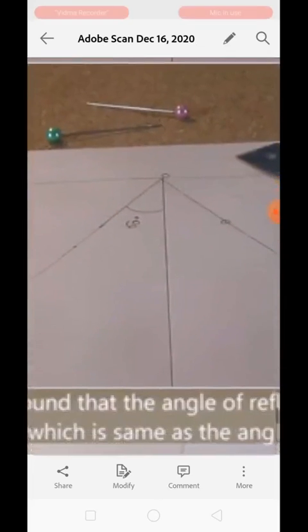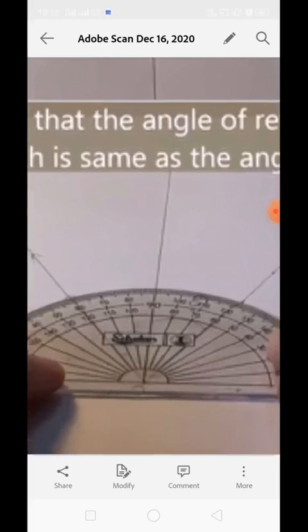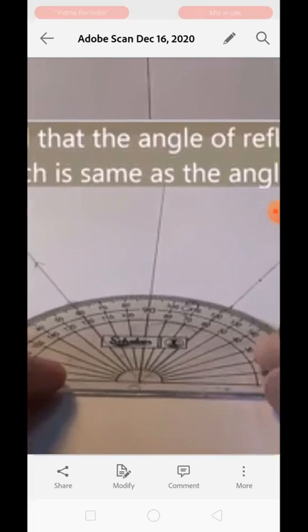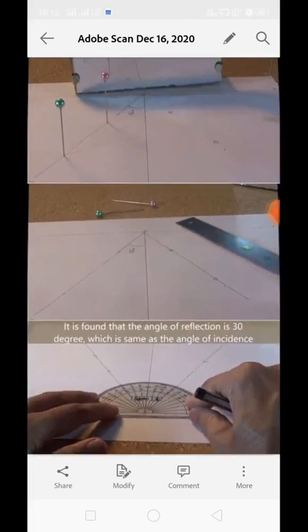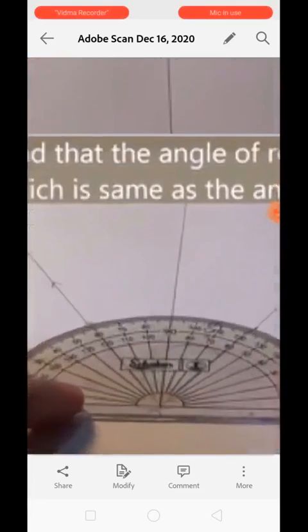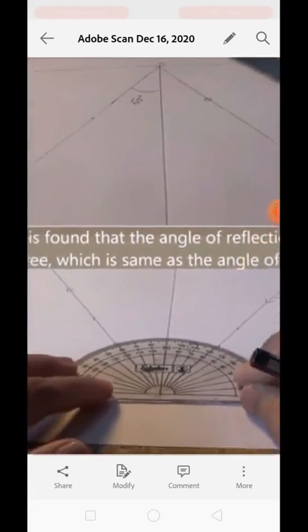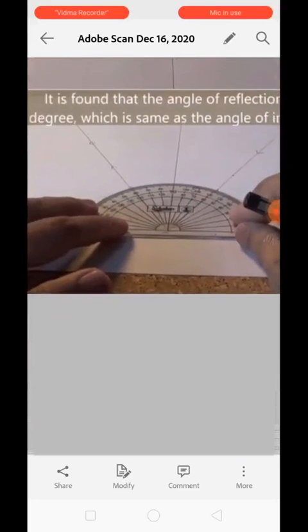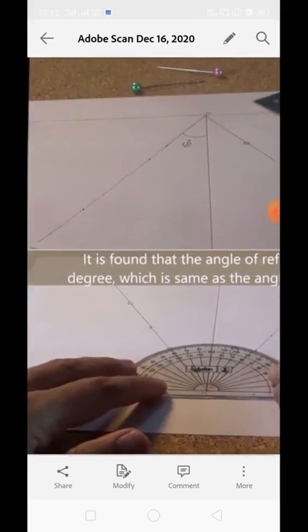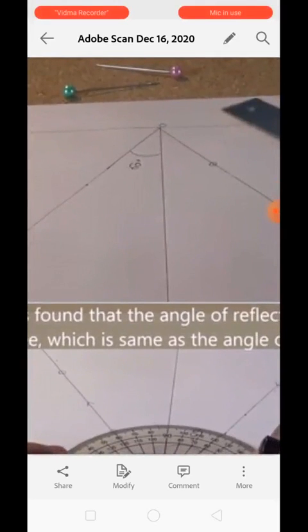Now we will measure this angle with the help of a protractor. You will be surprised to know that both angles are of the same degree. Firstly we had taken a 60-degree angle, and now you can see it is also a 60-degree angle.